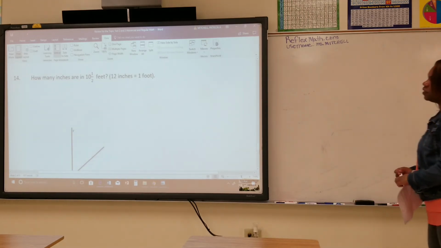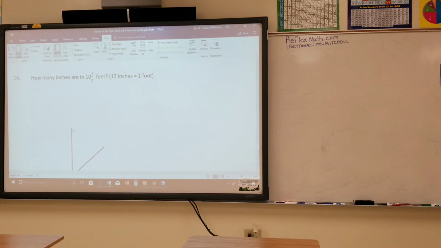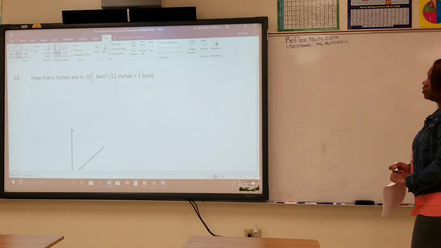All right. Number 14. How many inches are in 10.5 feet? It says, again, a conversion. And then it has our conversion, 12 inches is equal to 1 foot.